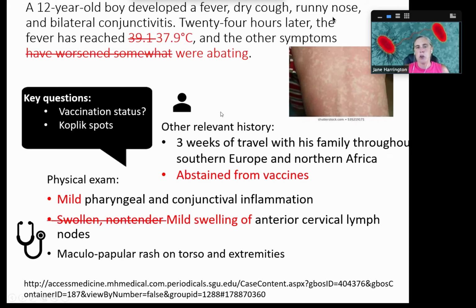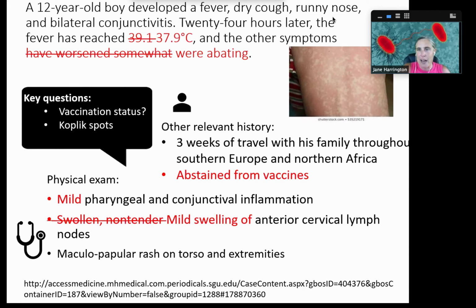We do want to know about vaccination status, and here I'm stating that this person had been vaccinated. And so looking at that previous case that was measles, the rash is the same, but we're seeing mild inflammation. We're seeing mild swelling of the cervical lymph nodes, but the rash is the same. So we took the case, but we changed details of it. And I'm really stressing that we're saying that it's mild.